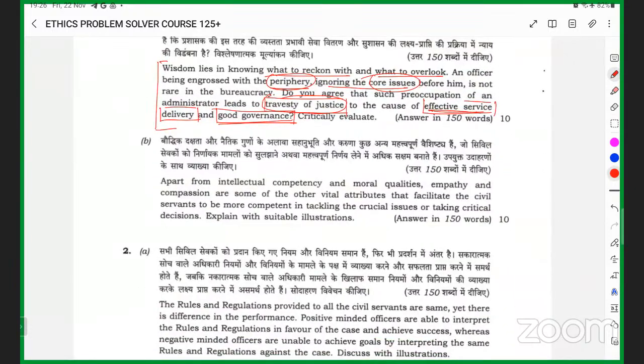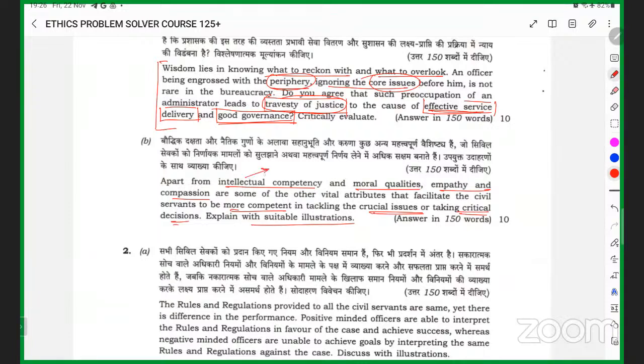Similarly, come to question number two. Apart from intellectual competency and moral qualities, empathy and compassion are some of the other vital attributes that facilitate the civil servant to be more competent in tackling the crucial issues or taking critical decisions. Explain with suitable illustrations. Again, not a direct question.